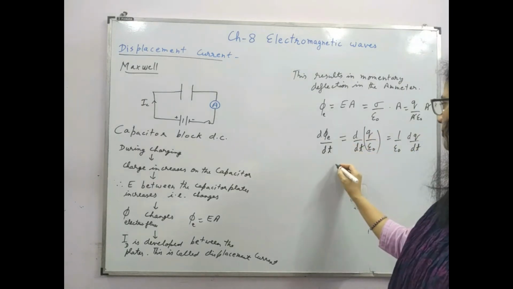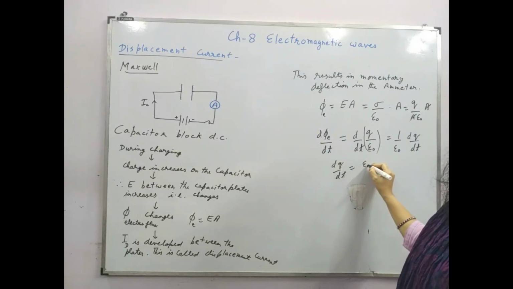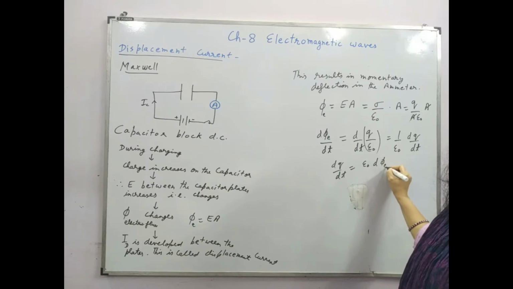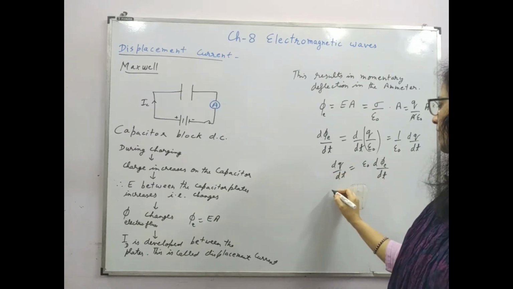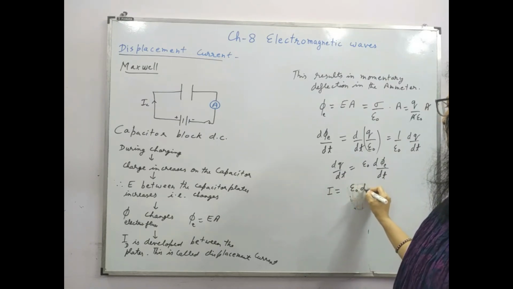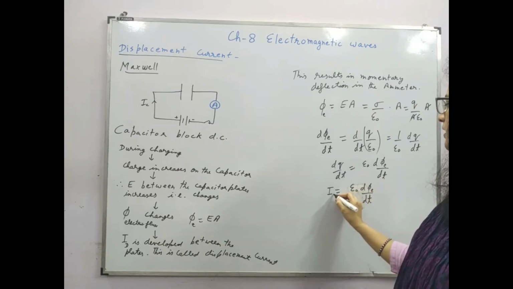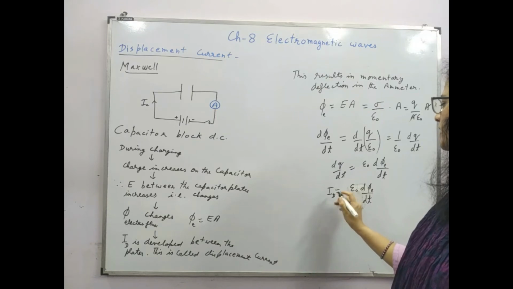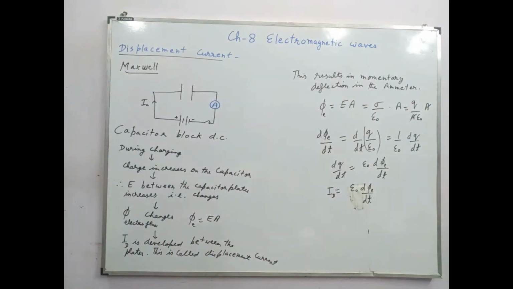So our expression for dq by dt becomes epsilon naught d phi e by dt, and this is what? This is current. So this is the displacement current which is developed between the plates of the capacitor.